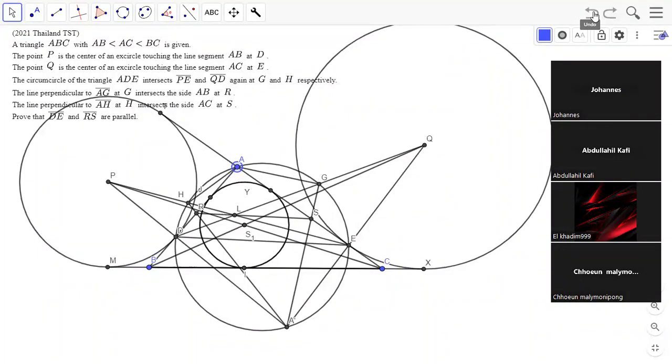Oh yeah, if we could show AHRL is cyclic, so if we could show AL is perpendicular to RS, that solves the problem. Because then ARL is AHL is AHE is AD.